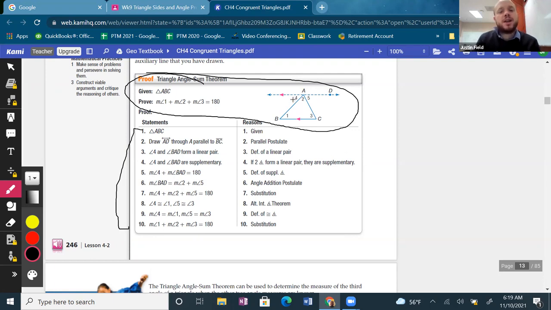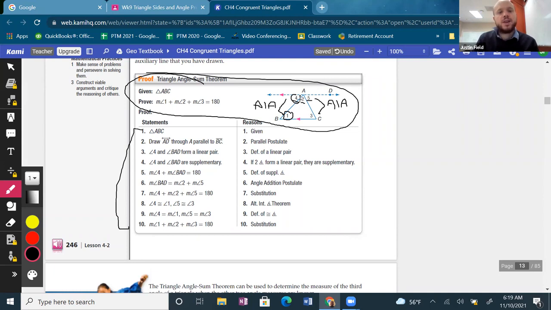So this parallel line creates angles 4 and 5. Angle 4 is important because it has a special relationship with angle 1. They are AIAs. And angle 5 and 3 are also AIAs. You see that? And we know AIAs are congruent.